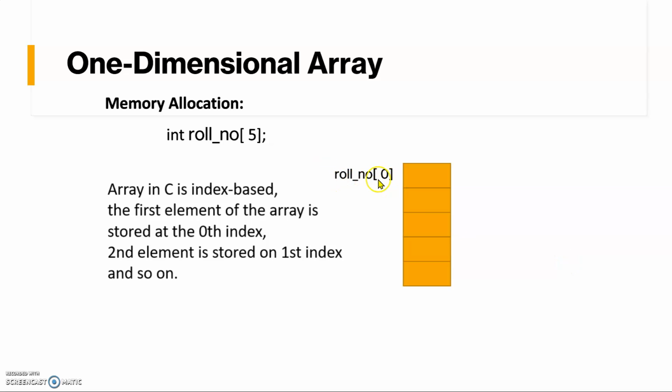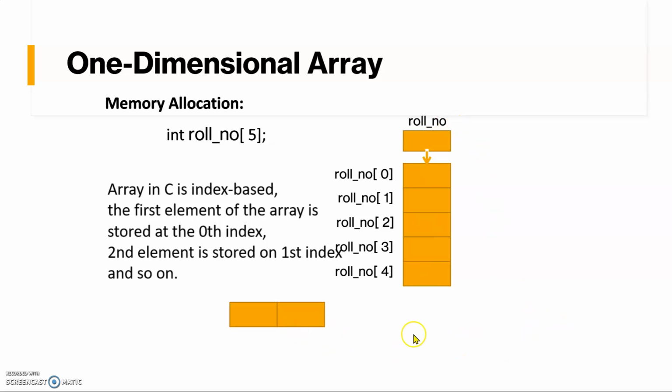The first element is rollnumber[0], second one is rollnumber[1], 2, 3 and 4. Always remember the indexing starts from 0 to size minus 1, whatever size you have given. This complete thing can be accessed by using your roll number. So the first element can be directly accessed by using your roll number. This can also be represented like this. If you want to have better understanding, you can also represent it like this, 5 elements, and this is the indexing.